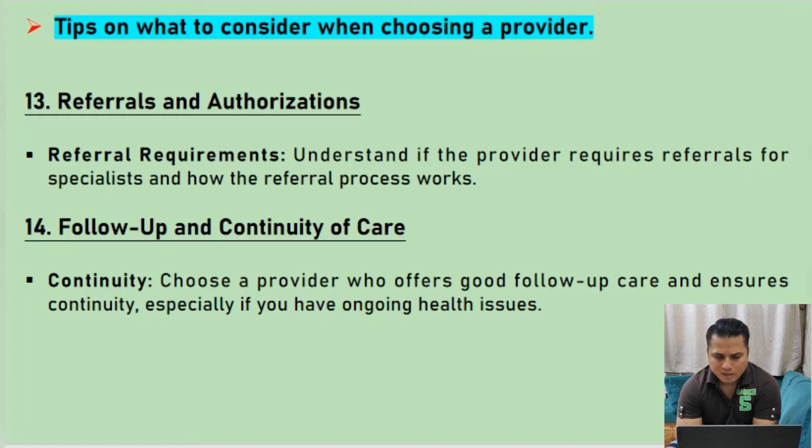Referral requirements: understand if the provider requires referrals for specialists and how the referral process works. Number fourteen, follow-up and continuity of care. Continuity: choose a provider who offers good follow-up care and ensure continuity, especially if you have ongoing health issues.